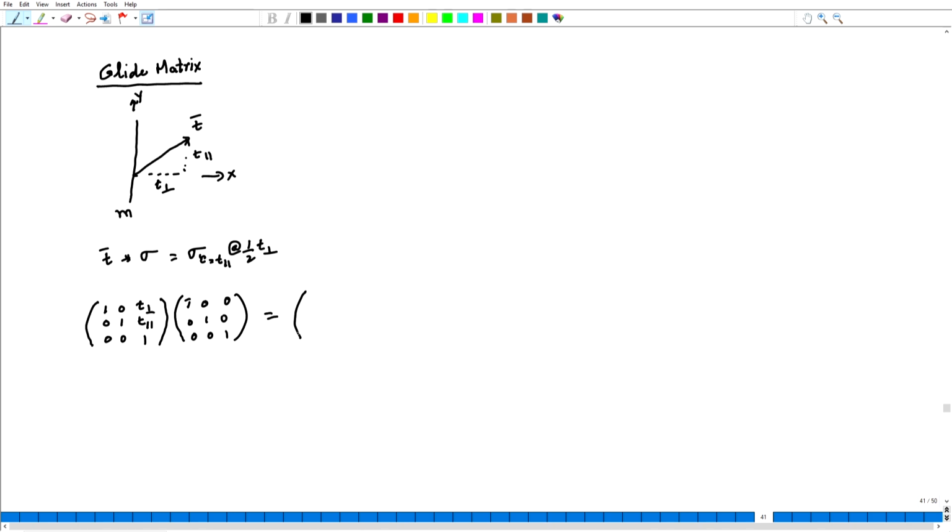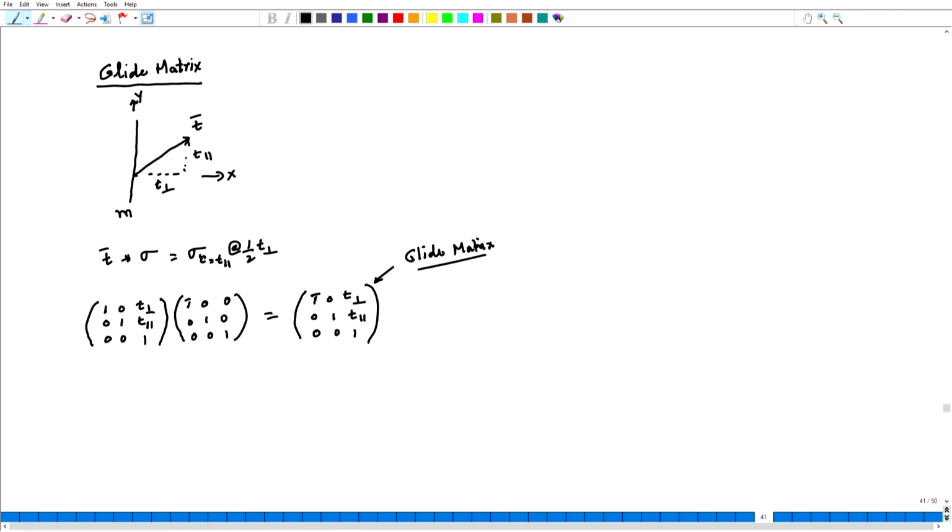The result would be minus 1 0 t perpendicular, 0 1 t parallel, 0 0 1. This is my glide matrix.